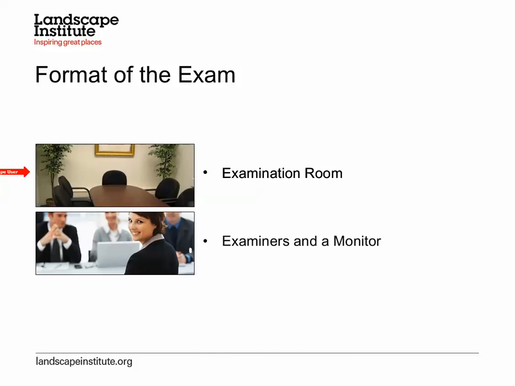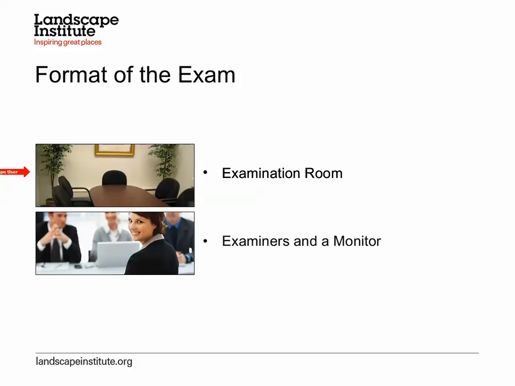There will be 2 examiners in the room. And there may well also be a monitor. Now, the monitor is not there to examine you. The monitor is there to observe the examiners.